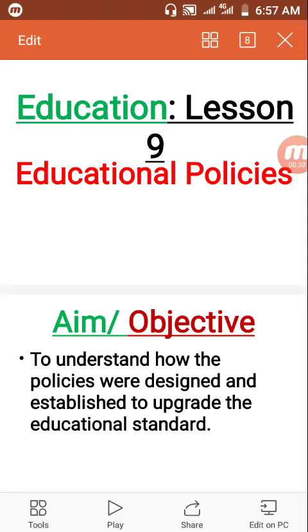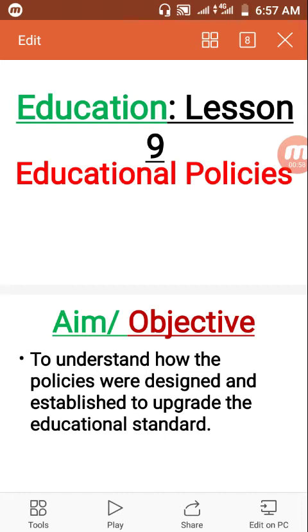So the first act, which was introduced in 1988, is called the Education Reform Act. This was an important policy. It made basically six key changes.